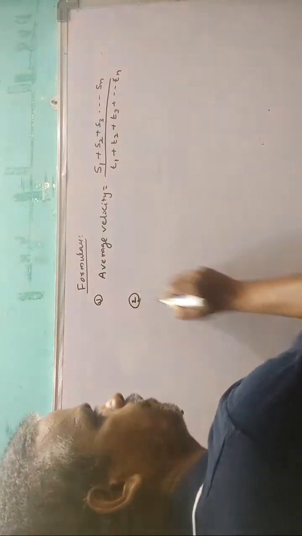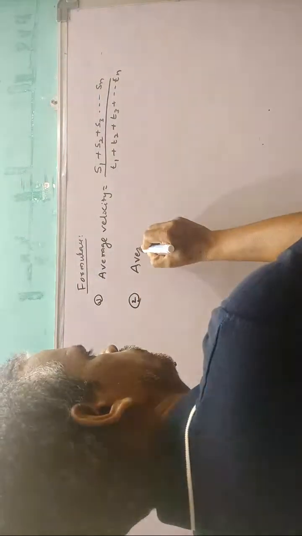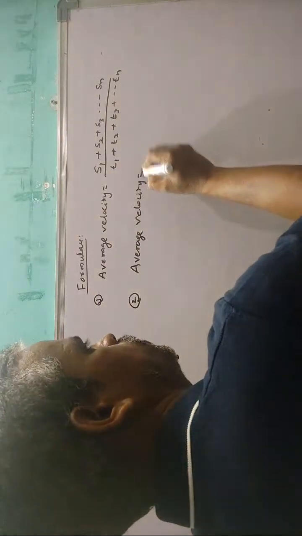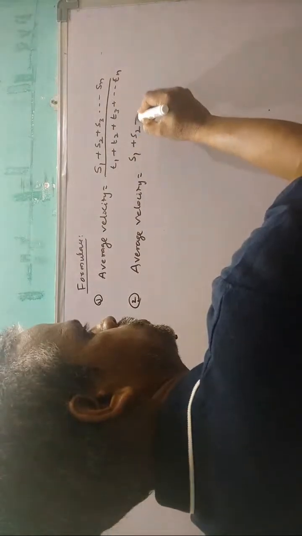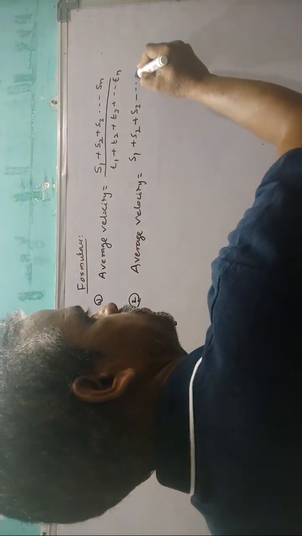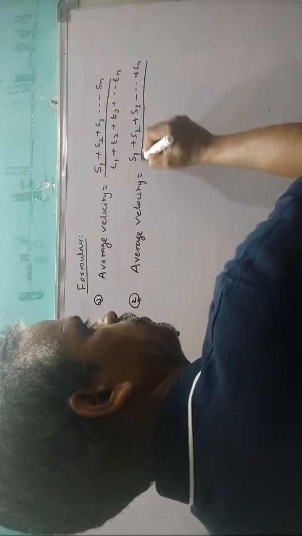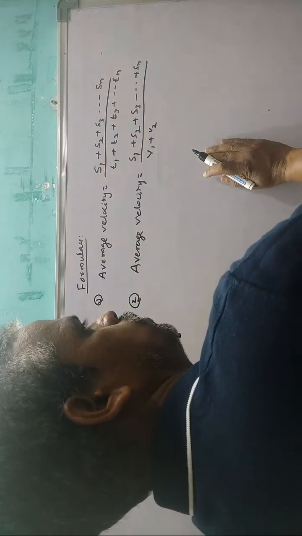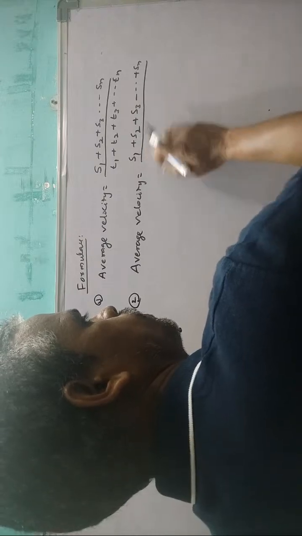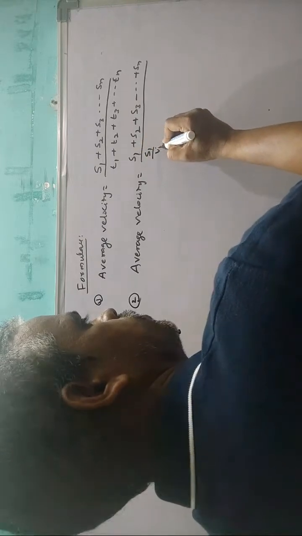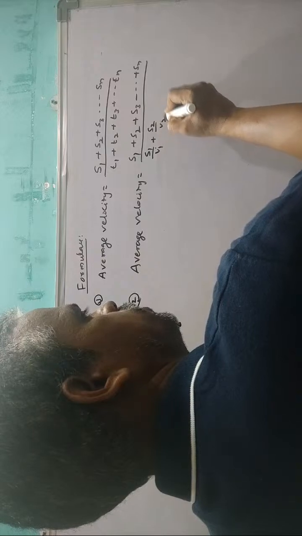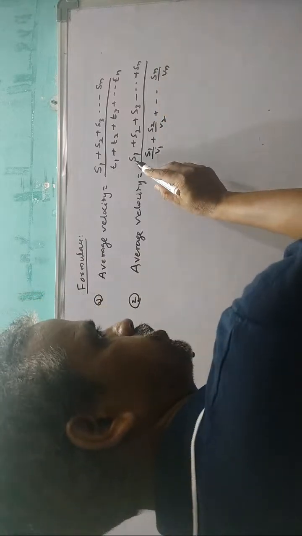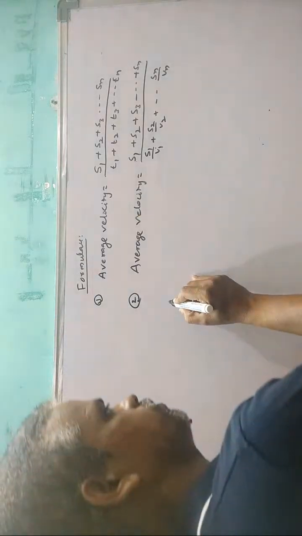Next, average velocity equals S1 plus S2 plus S3 up to Sn by S1 by V1 plus S2 by V2 plus up to Sn by Vn, when displacement and velocity are given.